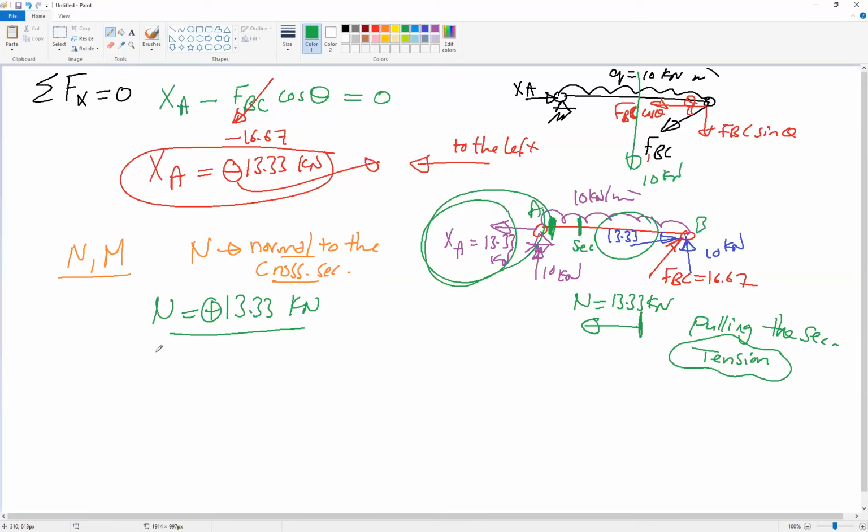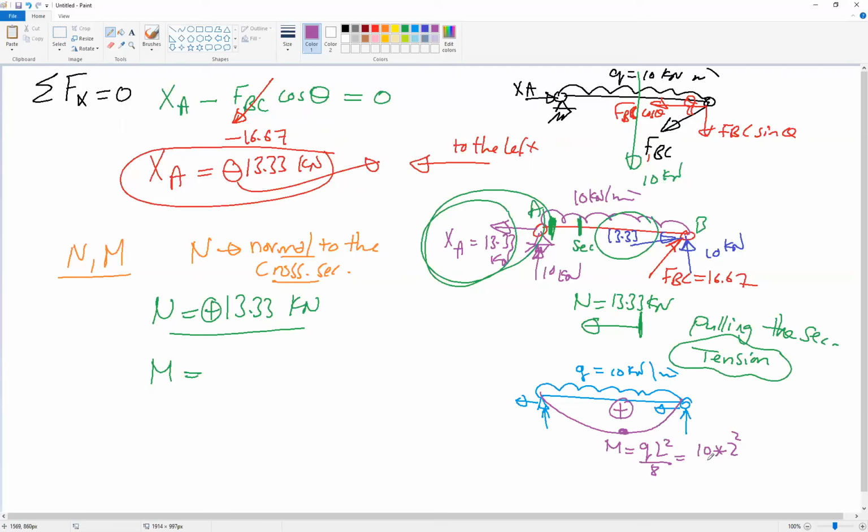Okay. For the moment, how can you find the moment? If we have a simple beam like this, and we have a uniform load Q equal to 10 kilonewton per meter, then as you know, the moment will be a parabola of second degree, and the maximum moment M will be Q L square divided by 8, equal to 10 times 2 square divided by 8.